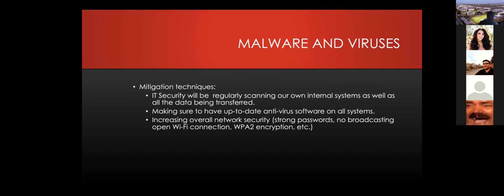And then we'll have up-to-date antivirus software in all of our systems. And then we would just increase the network security. That would include strong passwords, no broadcasting on open Wi-Fi connections, and we'll have WPA2 encryption and so forth.